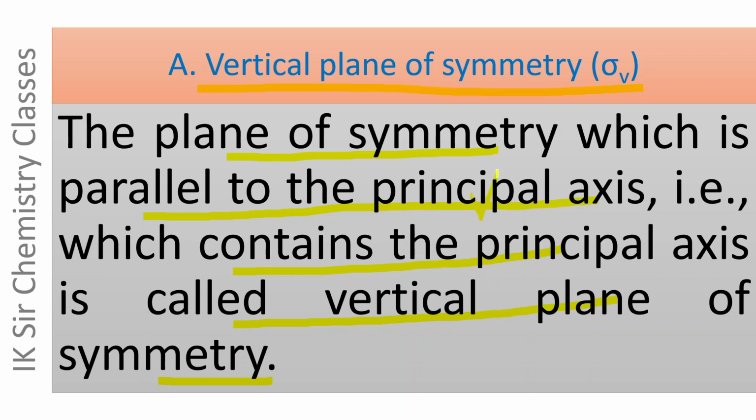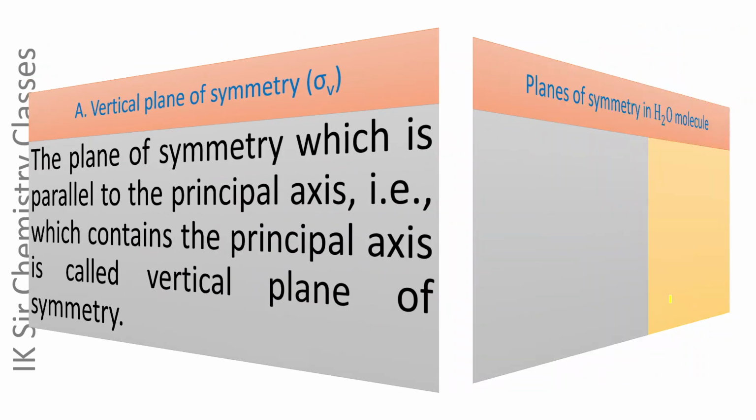The axis of symmetry of a molecule having the maximum order is called principal axis of symmetry. It is regarded as z-axis and it is kept in the vertical direction. Therefore, the plane of symmetry containing the principal axis will be in the vertical position and hence it is called vertical plane of symmetry.